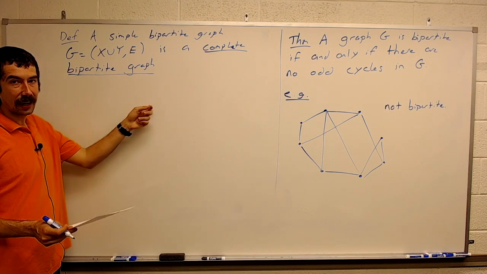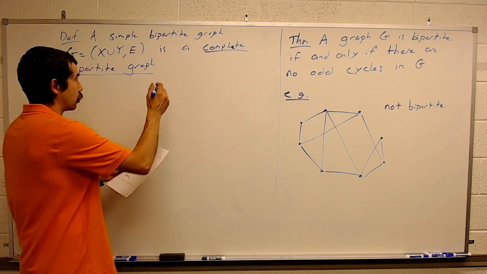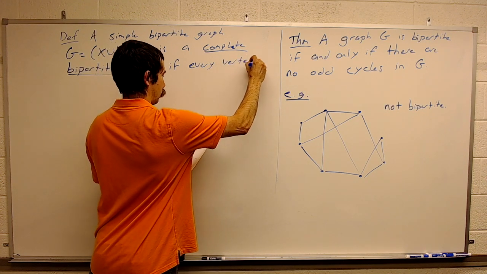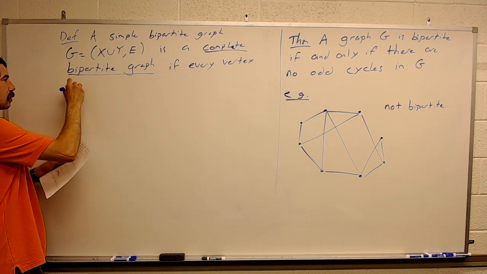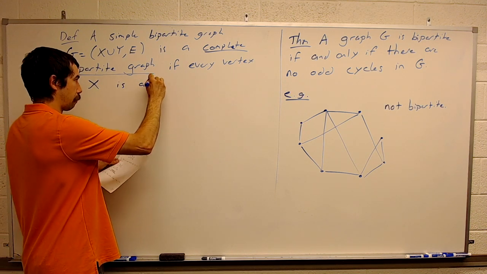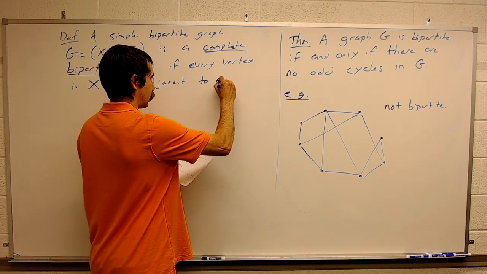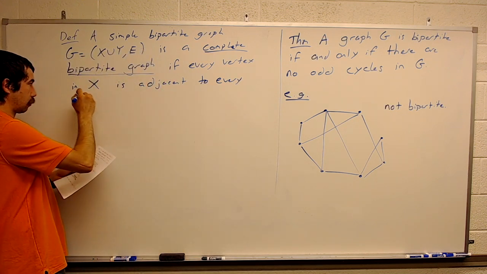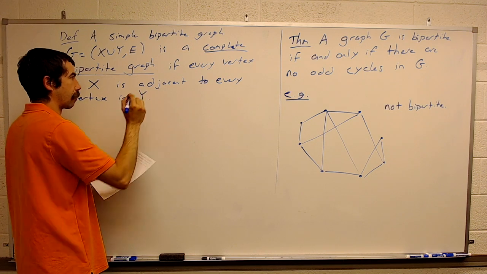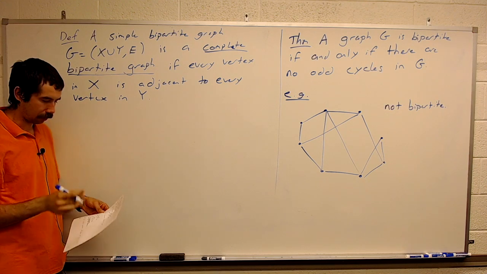Every vertex in X has an edge with every vertex in Y. So if every vertex in X is adjacent to every vertex in Y, that's what it means for a graph to be the complete bipartite graph.